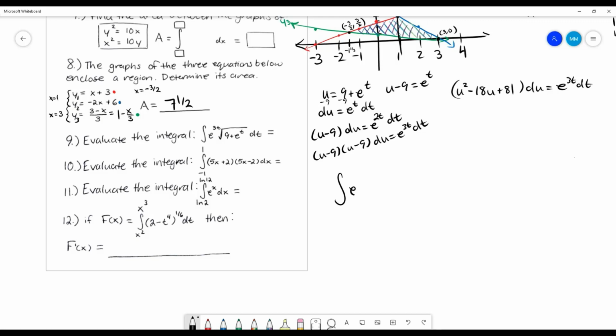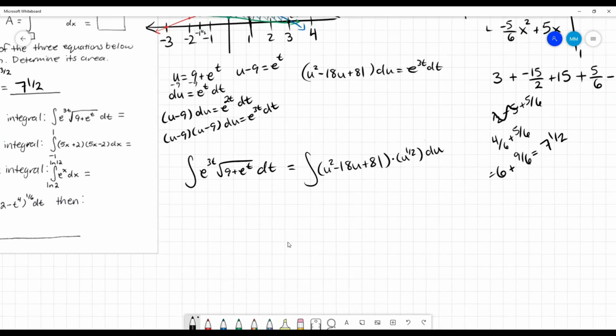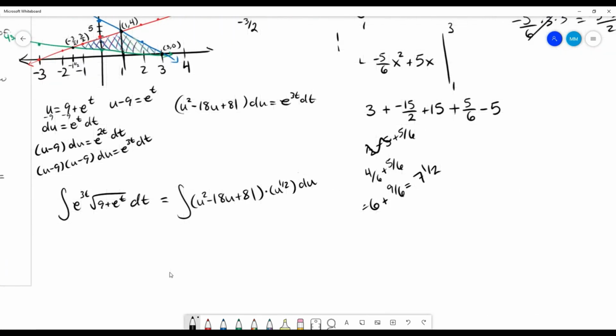So now, instead of this, I can plug in a u here, and I can plug in all of this here. So it gets to be the integral of u squared minus 18u plus 81, and then times the square root of u, which I could then write as u to the 1/2 du.